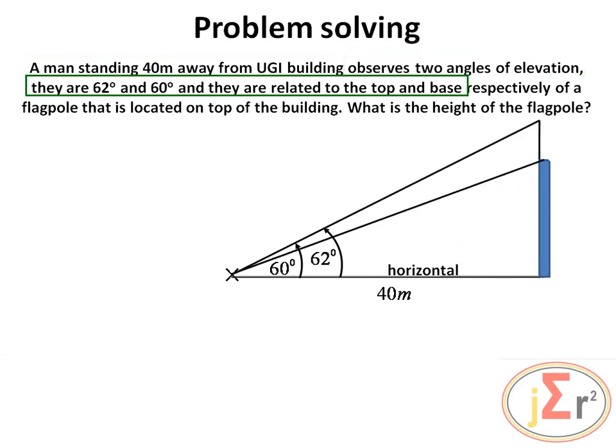One is 62 degrees and one is 60 degrees. And here we have our flagpole located on top of the building. We need to find the height of the flagpole, given as h.